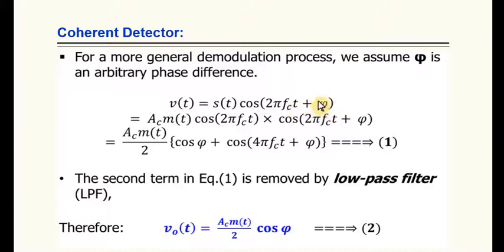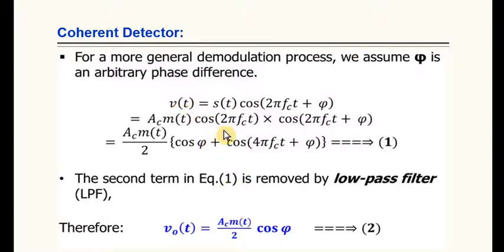Before, we assumed that phi is equal to 0. Now here we have an arbitrary phase difference which is denoted by phi. So let us go through the same steps, and I will go through these equations a little bit quickly.